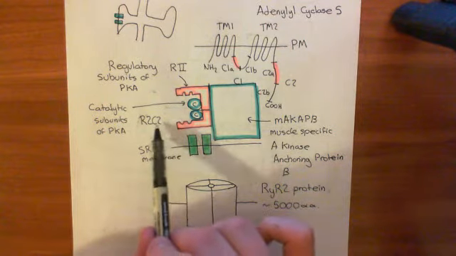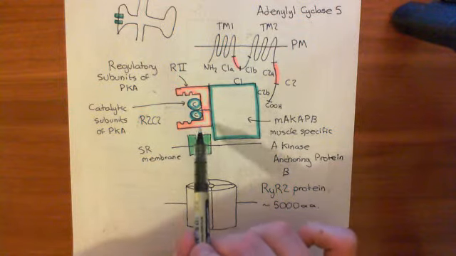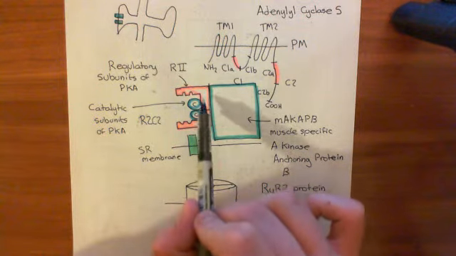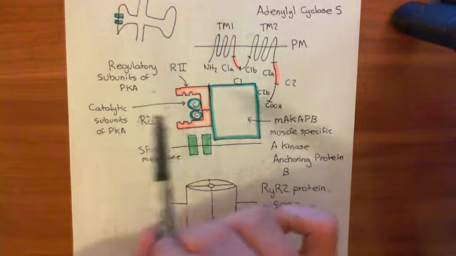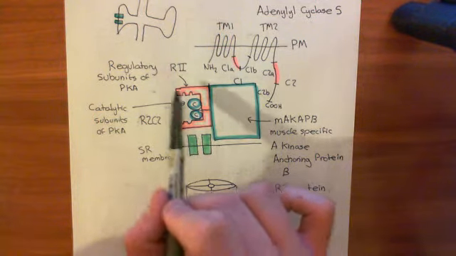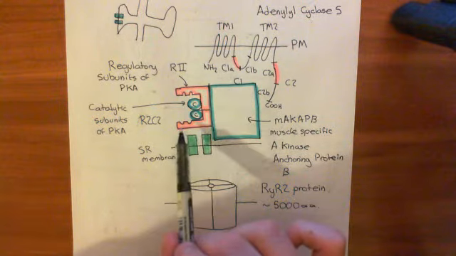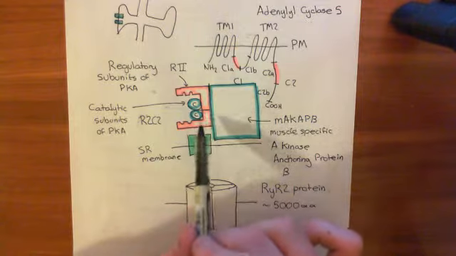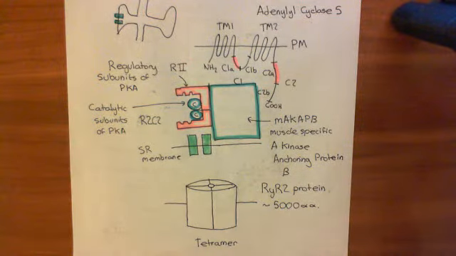The entire R2C2 complex is protein kinase A. This is a type 2 protein kinase A because it has the type 2 regulatory subunits and is therefore bound to an AKAP. Whereas the type 1 protein kinase A looks exactly like this again, but it's got the type 1 regulatory subunits, which I would draw exactly the same as I've drawn here, except that I would not draw it bound to an AKAP.